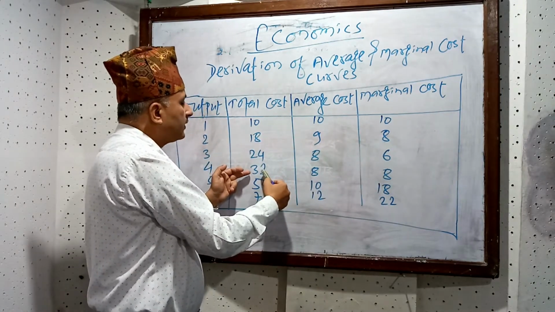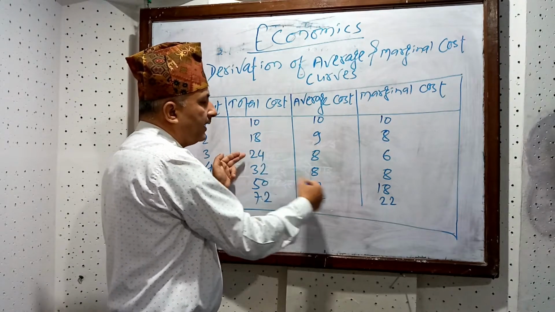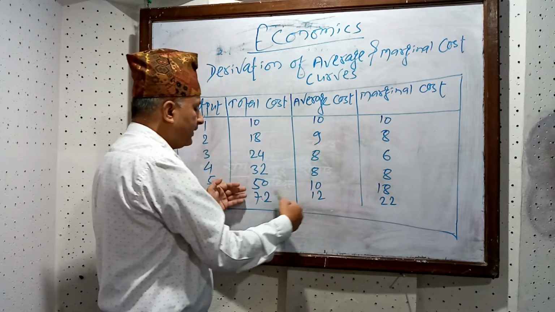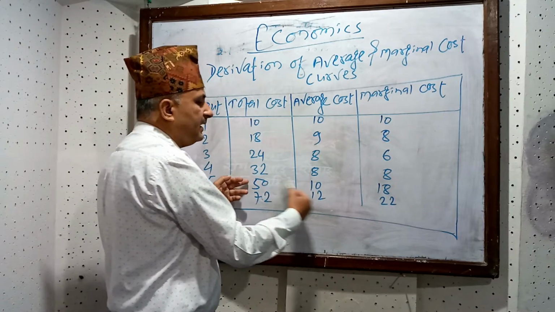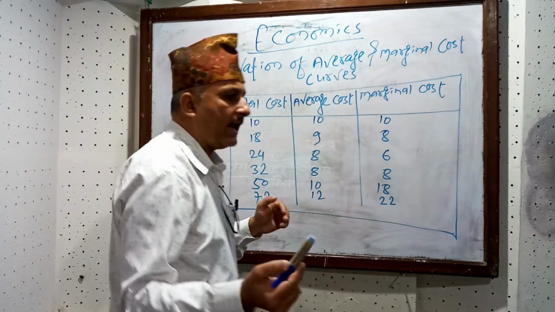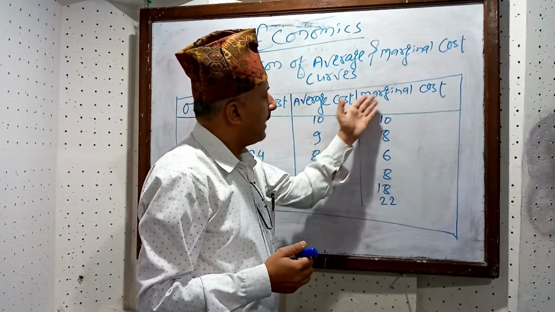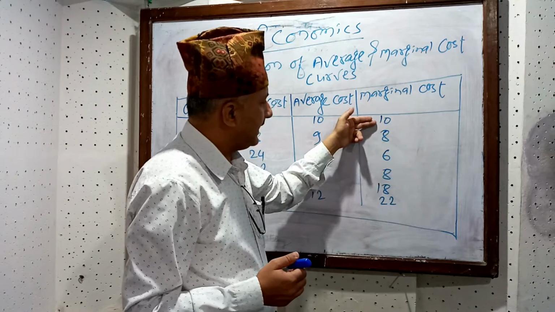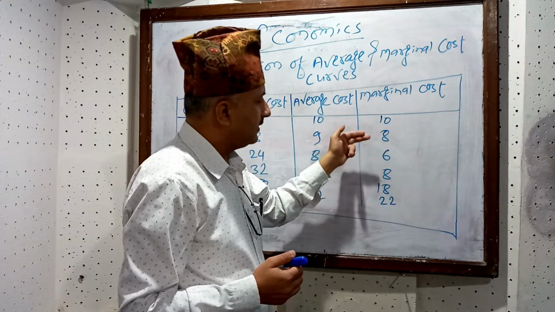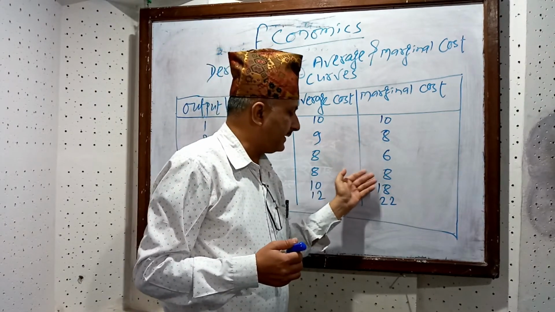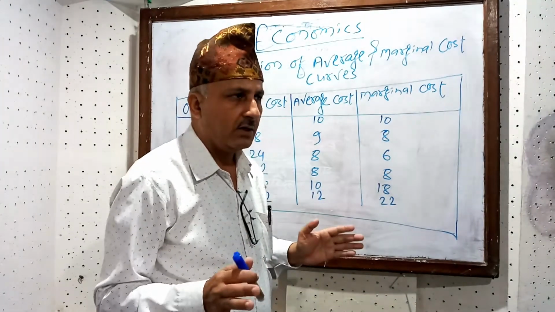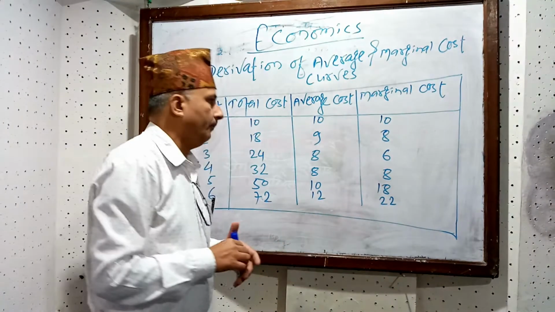Then 32 minus 24 is 8. 50 minus 32 is 18. And 72 minus 50 is 22. Again I am going to repeat: under the marginal cost column, please write 10, 8, 6, 8, 18 and 22. I think you have completed this column.